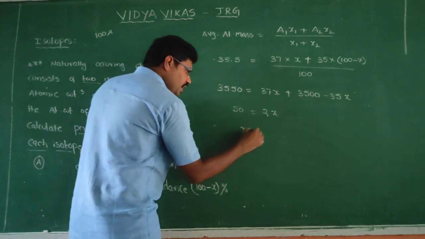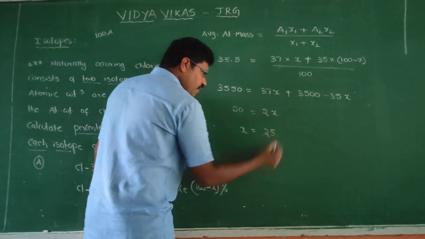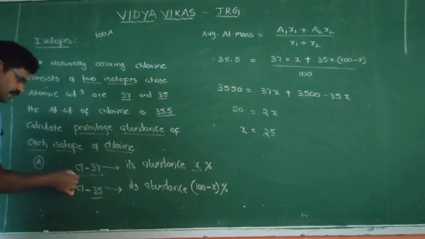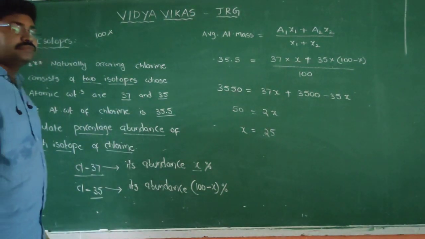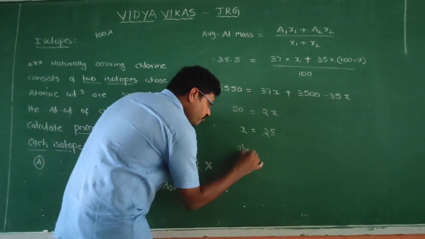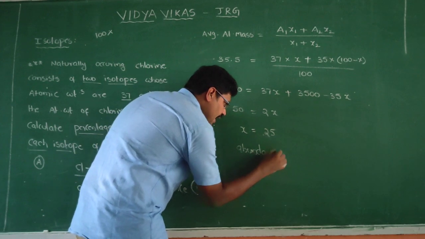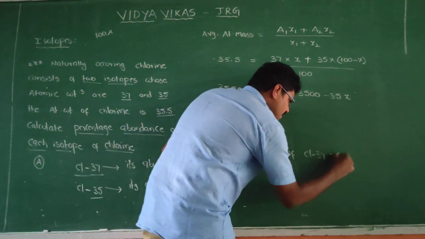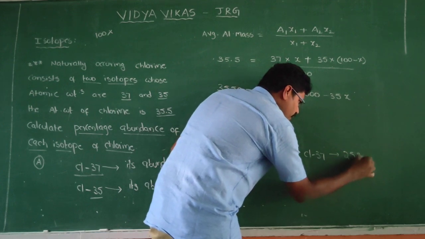Then absolutely x is 25, dear students. What is x? Chlorine 37. Keep in mind. Is it clear? And that's why the abundance of chlorine 37 is absolutely 25%.